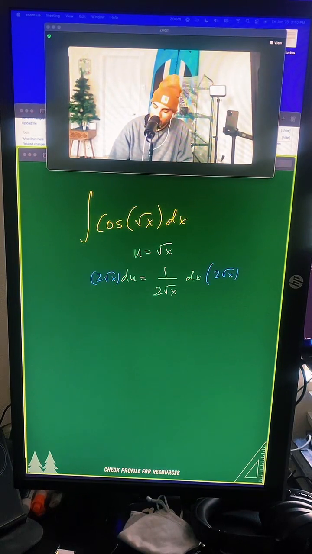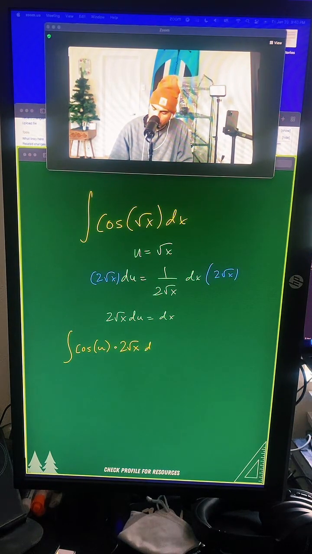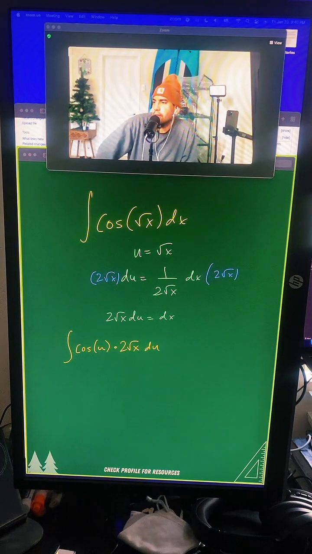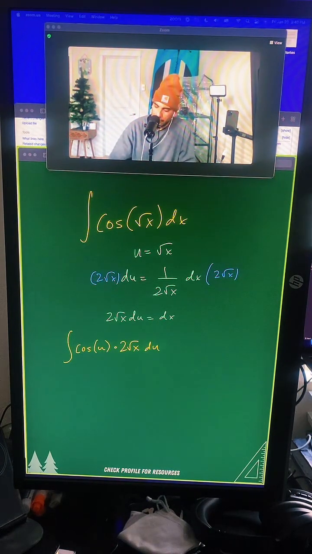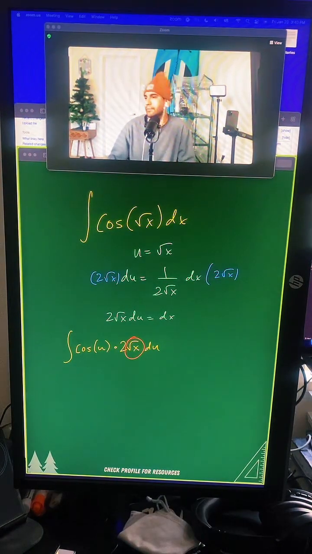I think it's much cleaner in my opinion. So 2 root x du is equal to dx. When I plug that back into my integral, I get cosine of u times 2 root x du. There's a problem here. Our integral is now in the u universe, but I still have that root x. So what do I do with that root x that we have here?